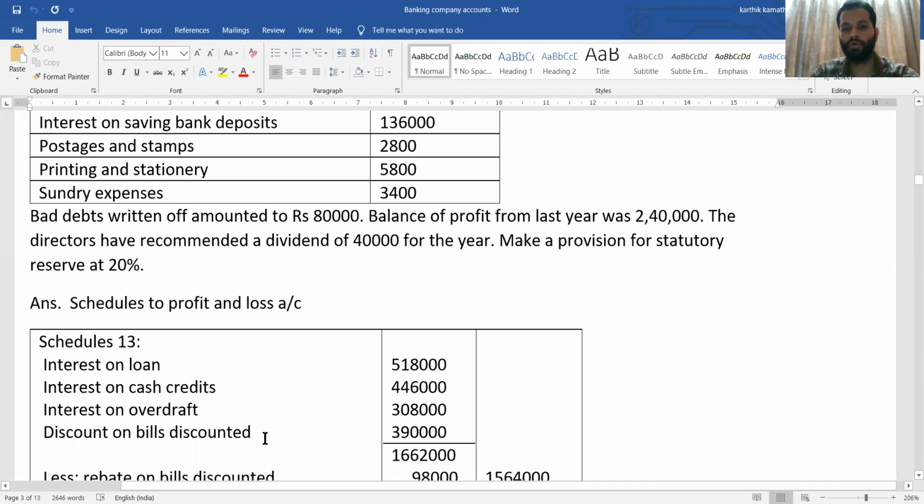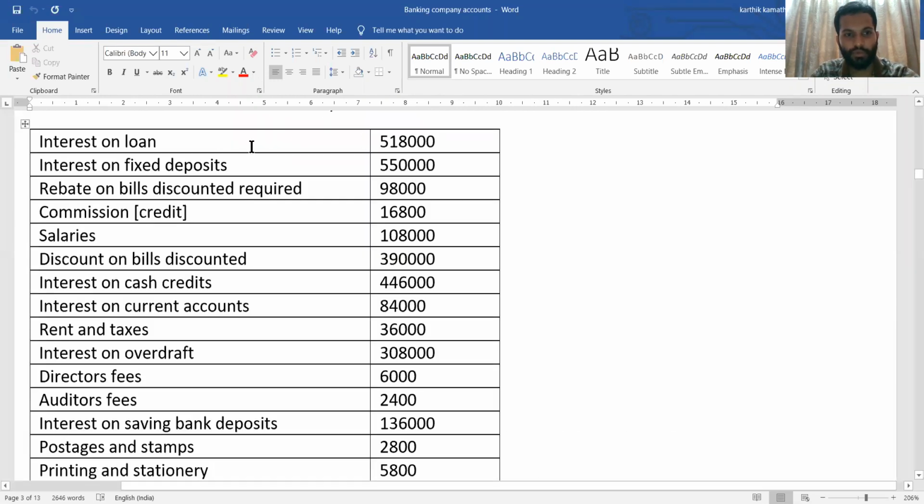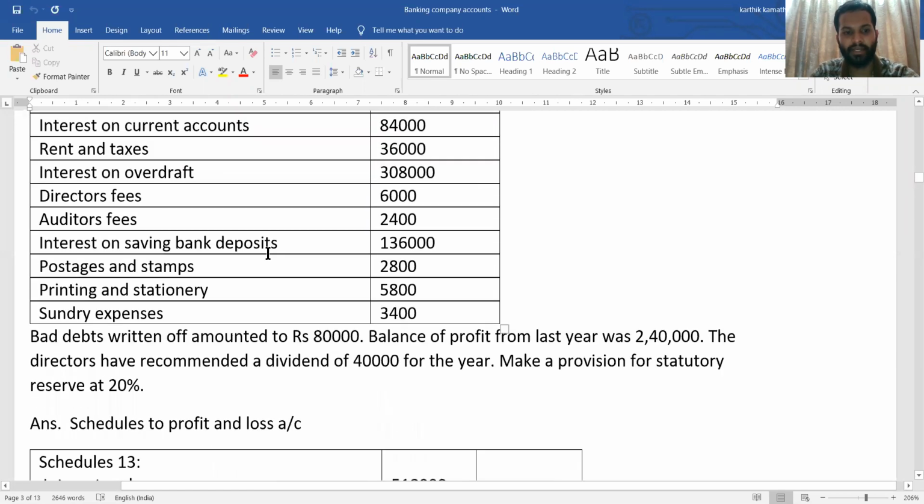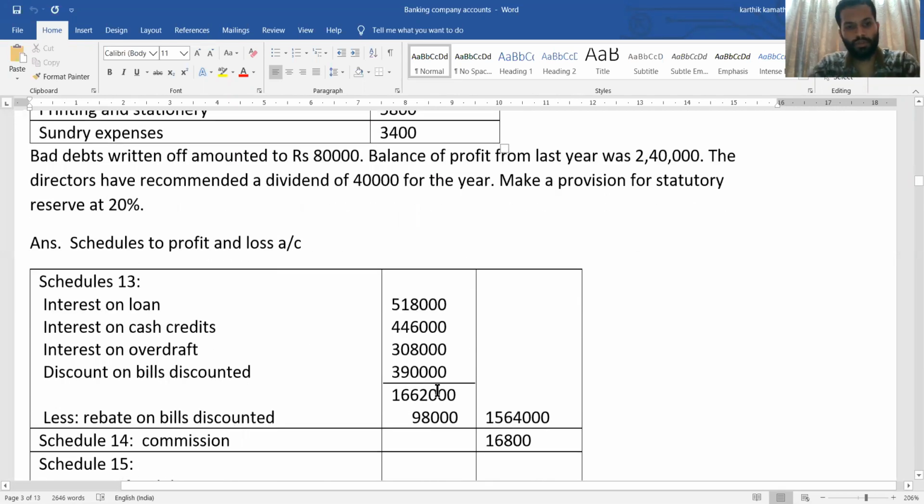I have already told that it is an income to the bank. So we are writing under income, that is interest earned. All these four pieces of information are given in the question. You need to figure it out and write under schedule number 13. So that total will be 16,62,000.